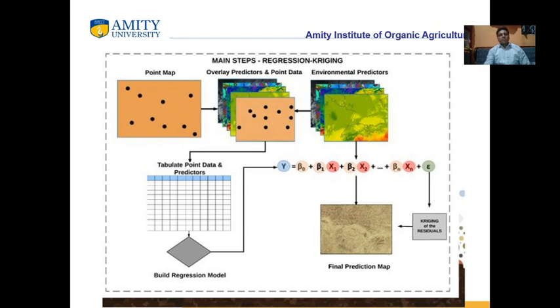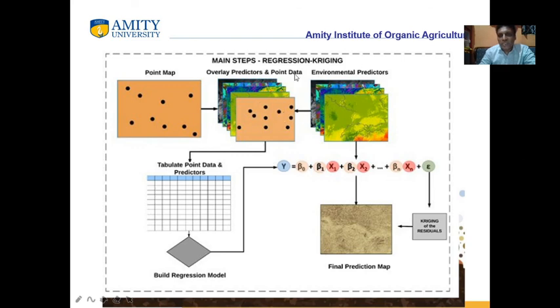In digital soil mapping, the first step is point maps. You can see the point maps of different locations, zigzag locations or random locations. Second is overlay of prediction and point data. With the help of point data, some predictions are made.